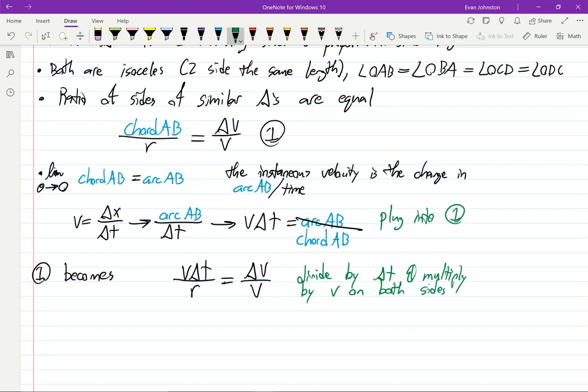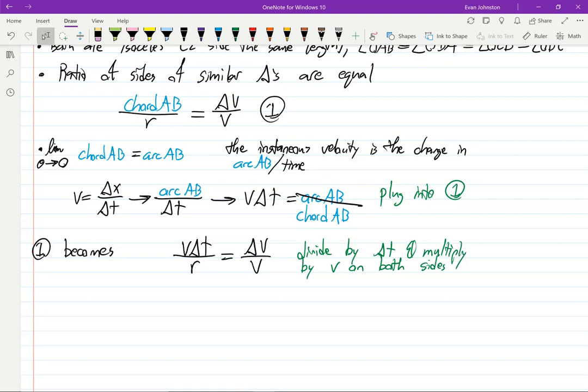Well, the t's would cancel here, and the v's would cancel here. So we can just rewrite this then as v squared over r is equal to delta v over delta t.